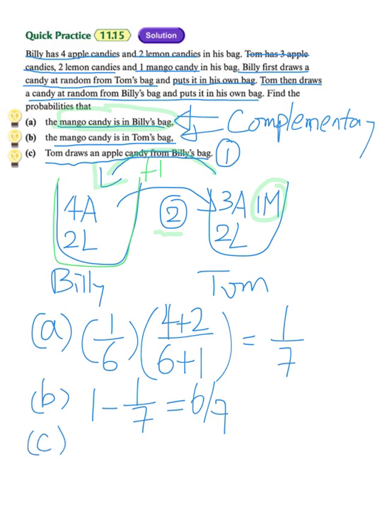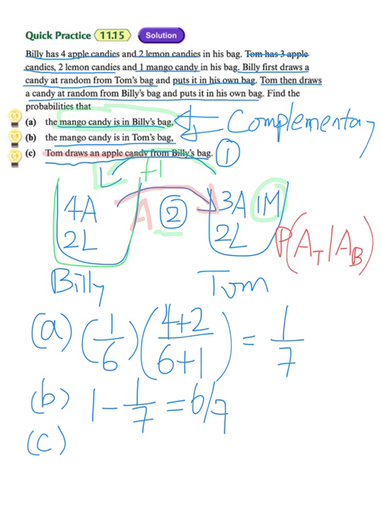Now we need to think of several situations here. The key right here is that Tom draws an apple candy. That is the second process: Tom tries to draw from Billy's bag. Actually, the probability that Tom gets the apple candy depends on whether Billy got the apple candy.